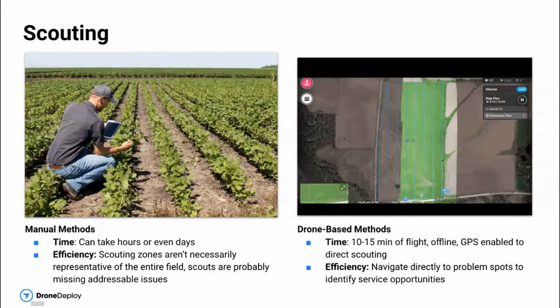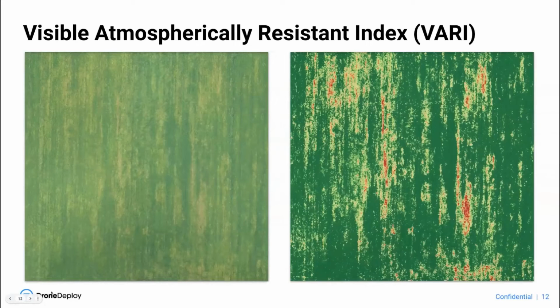We all see the green here, but what DroneDeploy can do is really take that up another notch. And we use what's called the VARI index, which is the visible atmospherically resistant index. This is available to be toggled on right there at the field's edge on your iPad. So you fly the field, it looks like what we see here on the left. It's green.